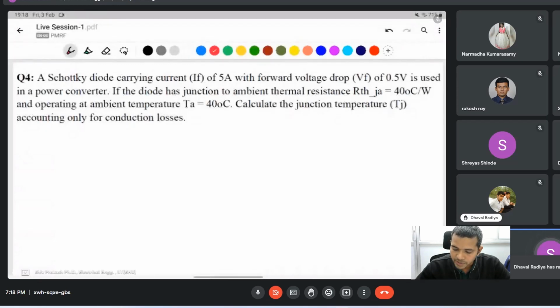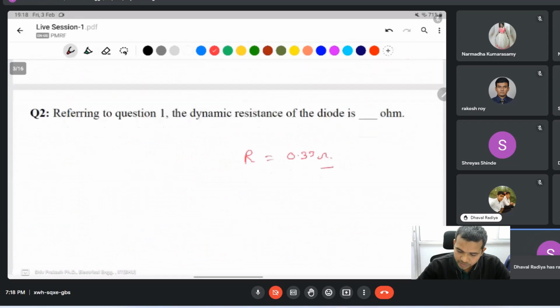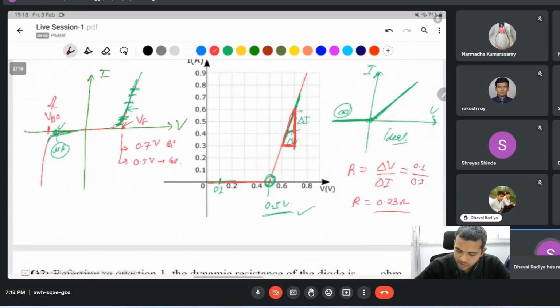Calculate the junction temperature according to only the conduction loss. The conduction loss data is given here: 5 ampere forward current and forward voltage of 0.5 volt.